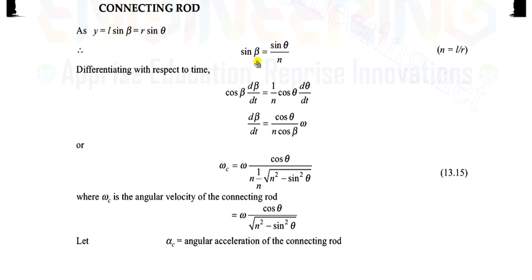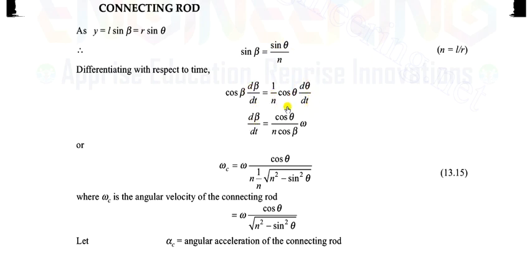Now differentiate this equation on both sides with respect to time. We get cos beta d beta by dt is equal to 1 by n, which is constant, times the differentiation of sin theta, which is cos theta, and d theta by dt.